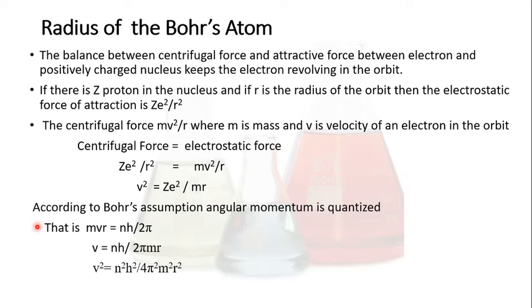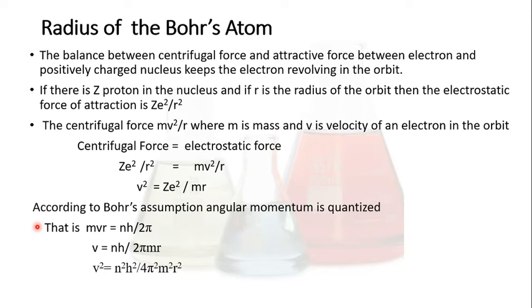Next we are going to see the radius of Bohr's atom. The balance between the centrifugal force and the attractive force between the electron and the positively charged nucleus keeps the electron revolving in the orbit. If the speed of the electron gets higher, what should happen?